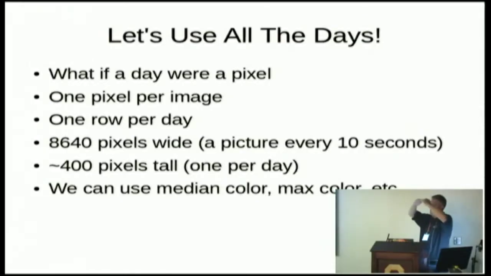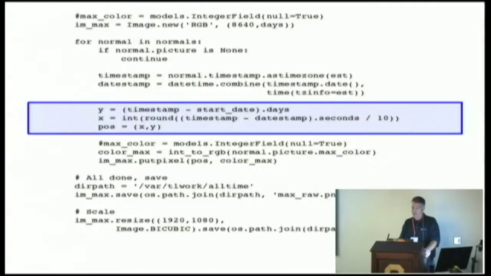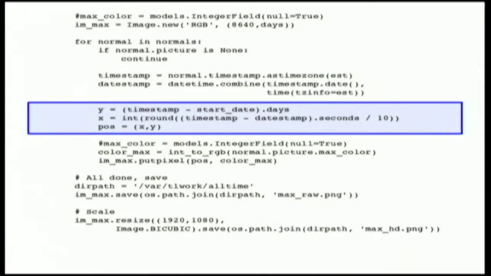Each row of an image was a day, and each column was one image. And I'm going to go quickly because I think I'm starting to run out a little bit of time. So basically the Y is days, X is an individual image.